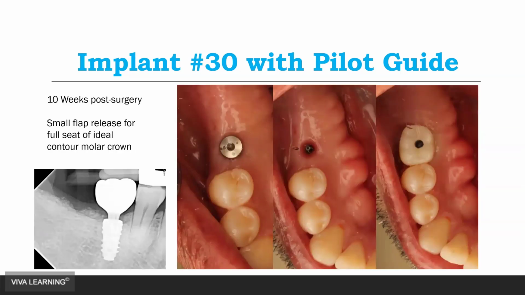Now, unfortunately, it'd be nice if I had done a custom healer here to have a little bit more of a rectangular emergence. But while you're placing these crowns, you can ask the lab to ignore the gingival contour and just give you a fully anatomic crown that you want, and make small releasing incisions mesial and distal to this and get the crown to seat.